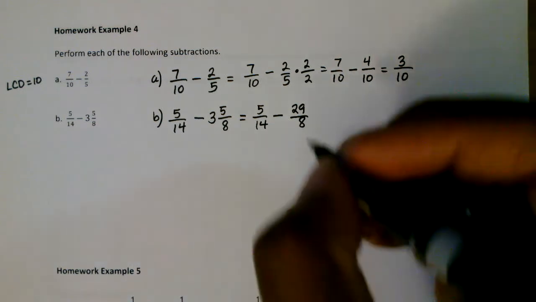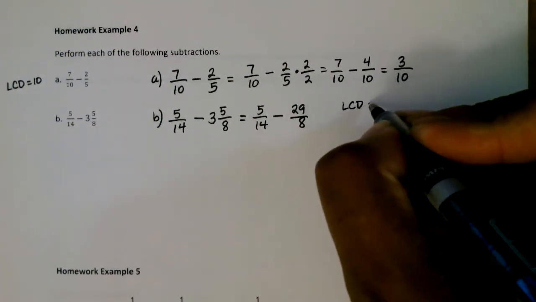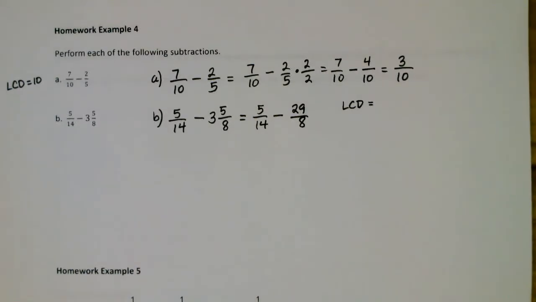Now here comes the hard part. I'm going to need an LCD for 14 and 8. In other words, I need the smallest number, the smallest multiple for 14 and 8.